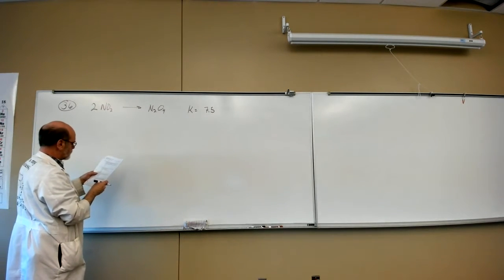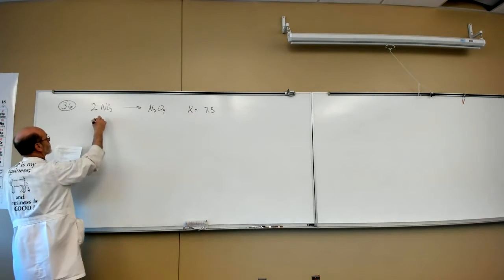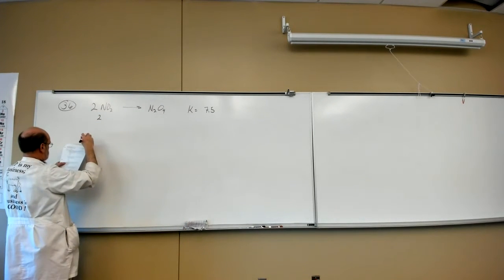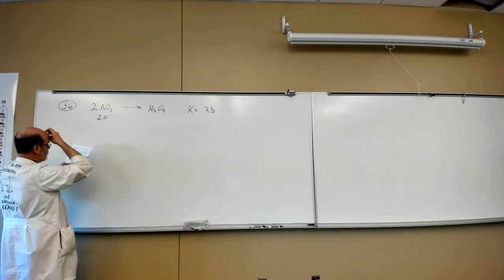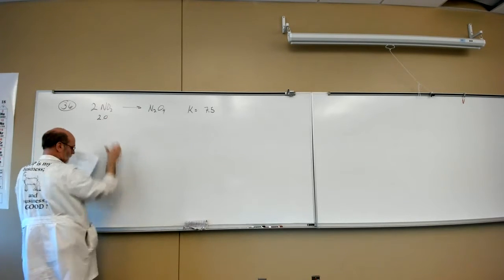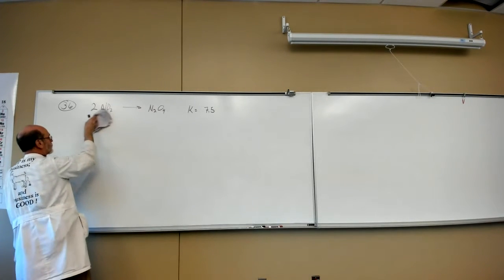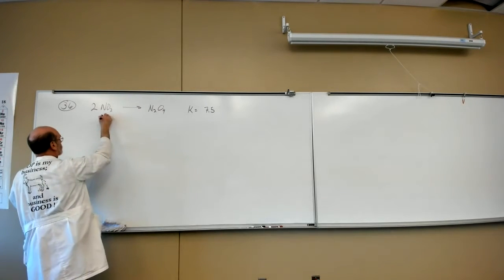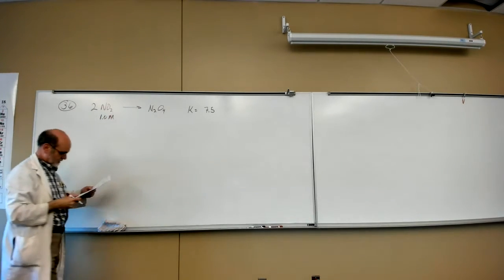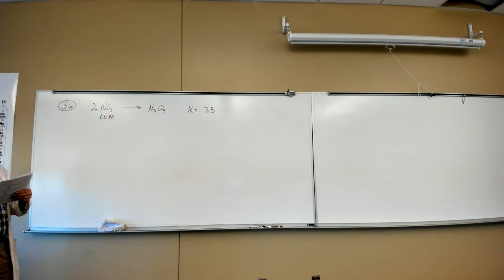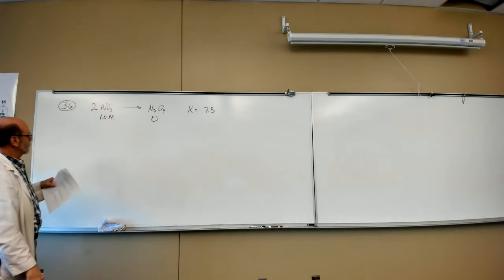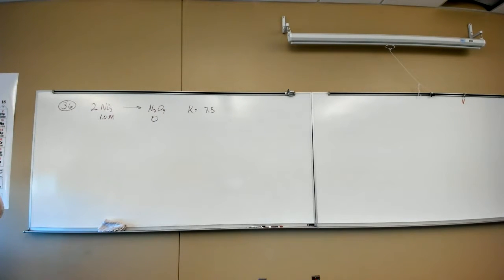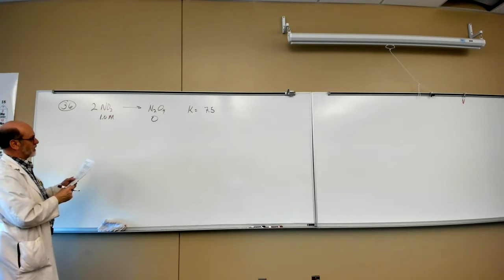So if we place 2 moles of NO2 in a 2-liter container, 2 moles in a 2-liter container is 1 concentration, 1 molar, right? And that starting position is 0. Calculate the concentration of N2O4 at equilibrium.